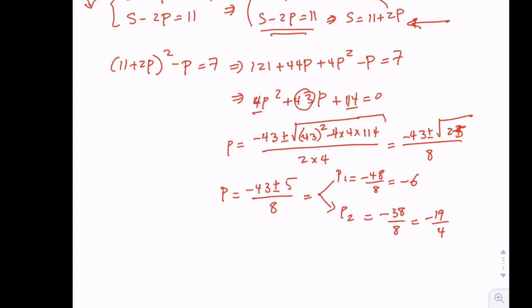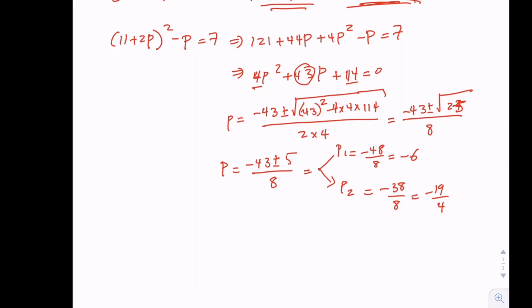Now, we know that S is 11 plus 2P, and therefore, if P1 is minus 6, then S1 will be 11 plus 2 times minus 6, which is 11 minus 12 is minus 1.